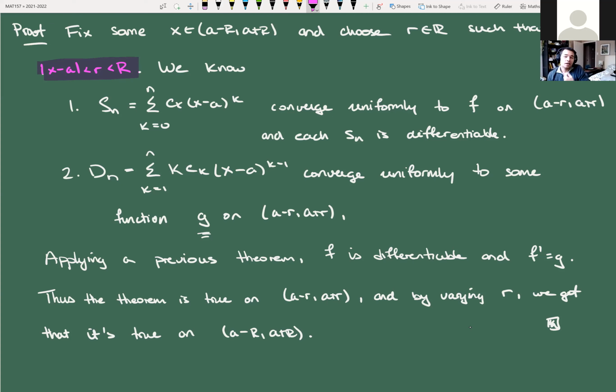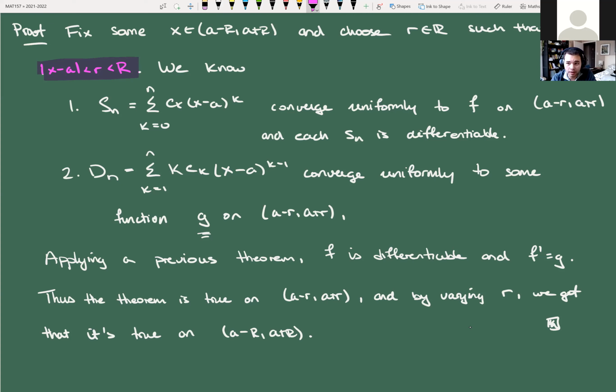Basically, we're in such a great situation that these functions are so nicely behaved because they're just polynomials, right? The partial sums are polynomials. Because they're so nicely behaved, we immediately pick up what we want. And in fact, what you can probably imagine is you can now bootstrap this, right? All right, what about the differentiated power series?